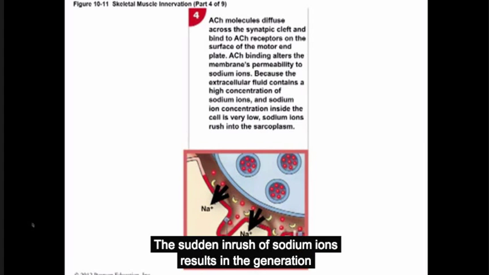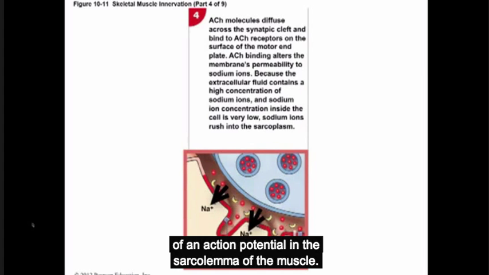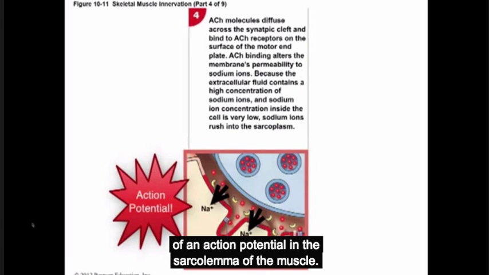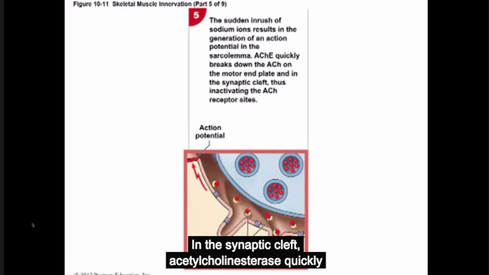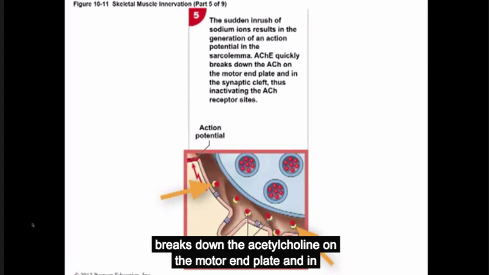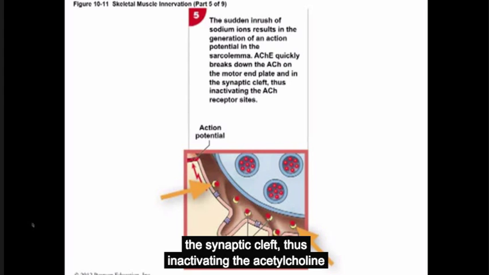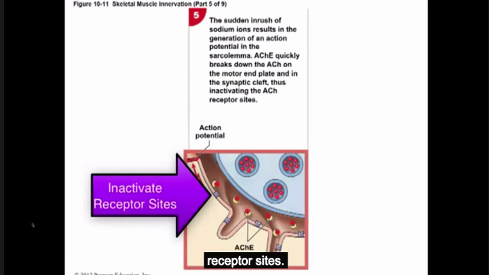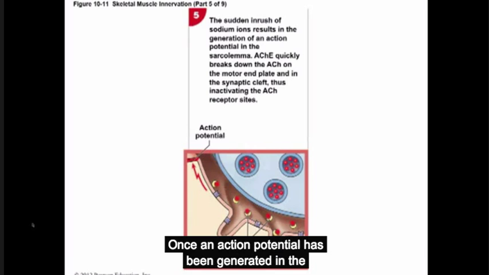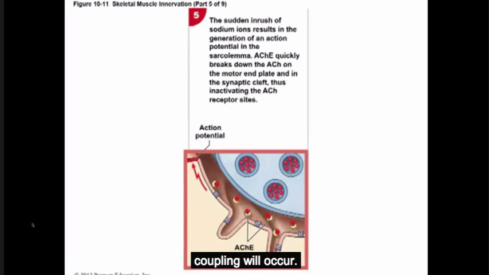The sudden inrush of sodium ions results in the generation of an action potential in the sarcolemma of the muscle. In the synaptic cleft, acetylcholinesterase quickly breaks down the acetylcholine on the motor end plate and in the synaptic cleft, thus inactivating the acetylcholine receptor sites.